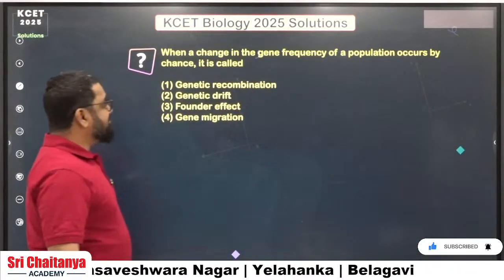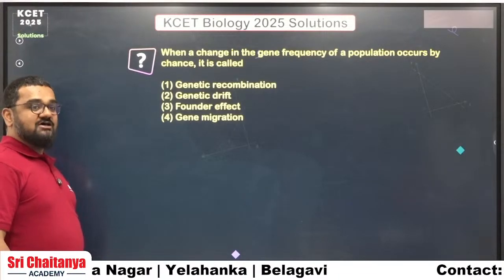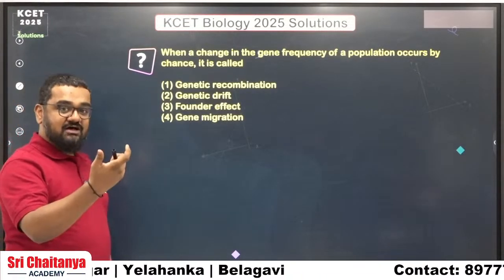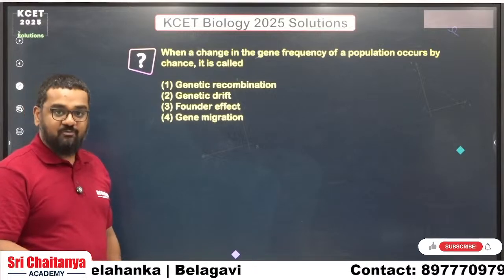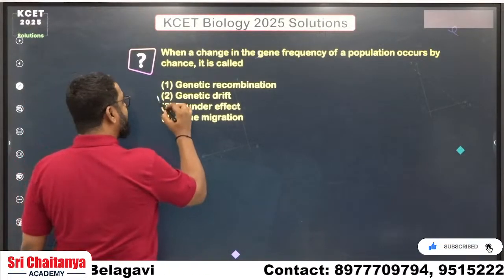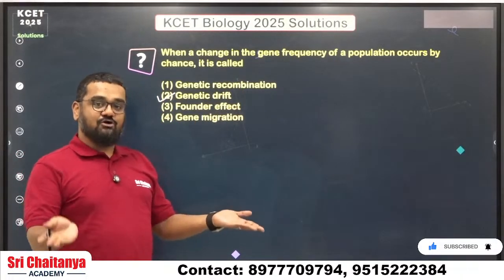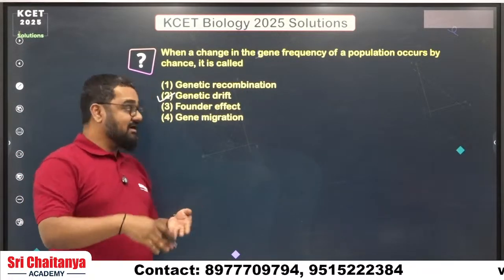When a change in the gene frequency of population occurs by chance, it is called, so random change in the allelic frequency of a population is called genetic drift. That is the actual definition of genetic drift. Genetic recombination generally occurs during meiosis, where crossing over of chromosomes genetic material occurs.